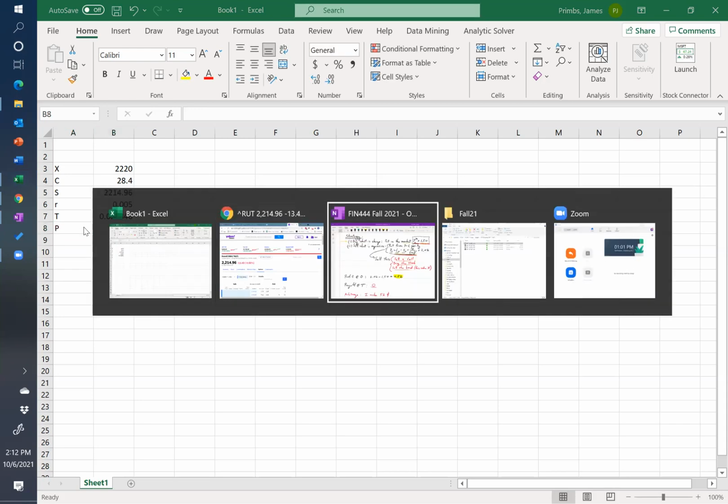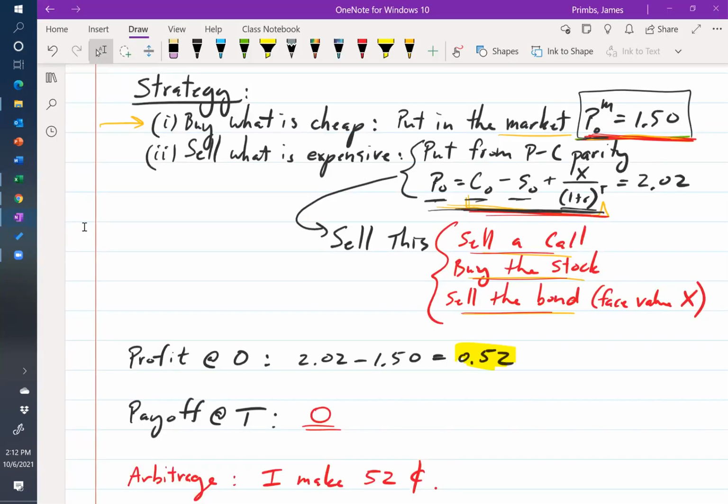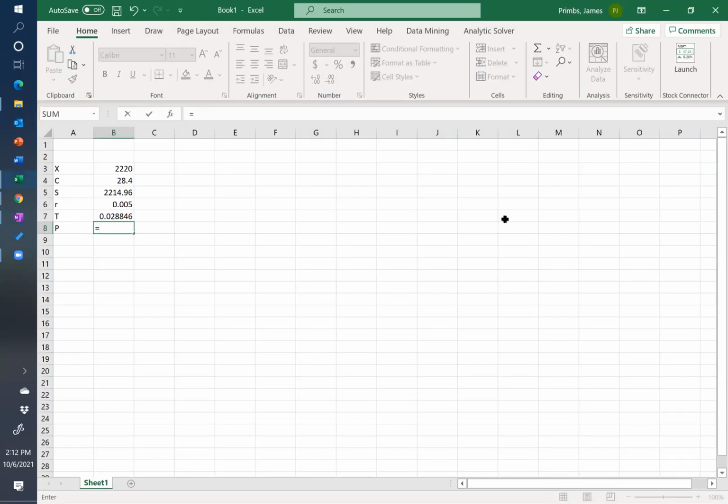Let's remember, put call parity says the price of the put should be the call minus the stock plus the discounted strike. So I'm going to take the call minus the stock, plus the strike discounted, 1 plus that to the power, I'm just going to use annual compounding.